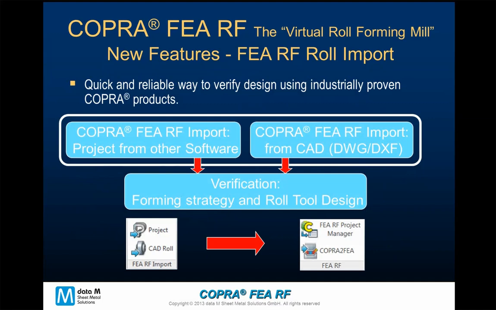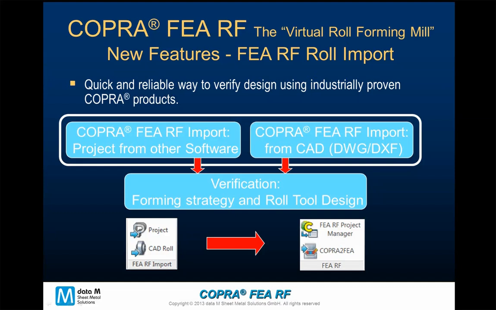So now I'd like to talk about a few of the new features. We now have the possibility to very quickly and easily import projects and roll drawings, designs from third-party software and legacy data, thus making it easy and possible to verify your design and strategy with COPA FEA-RF.